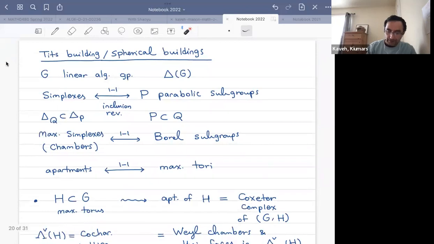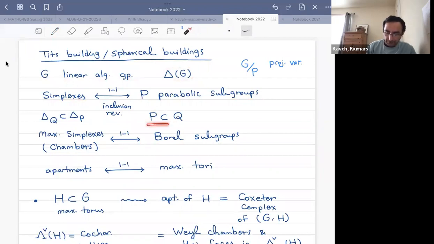So we have a linear algebraic group. This is the abstract complex, which is the Tits building. So simplices are indexed by, or correspond to, parabolic subgroups. We call it parabolic when G over P is a projective variety, or a complete variety.